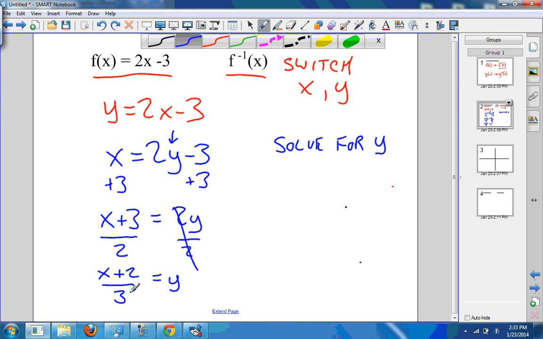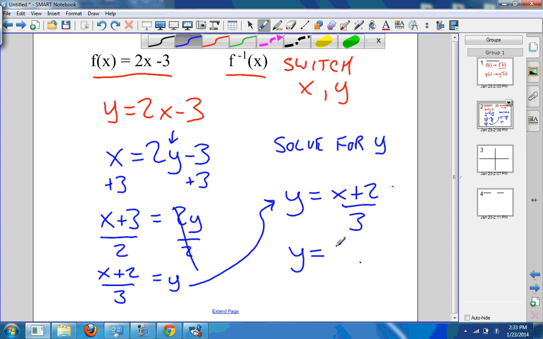Now I can write this a couple different ways. y equals x plus 3 over 2, or, splitting the 2 between the two terms, y equals 1/2 x plus 3/2. This is in y equals mx plus b form, where m is the slope, so the slope of this line would be 1/2, and the y-intercept is 3/2.